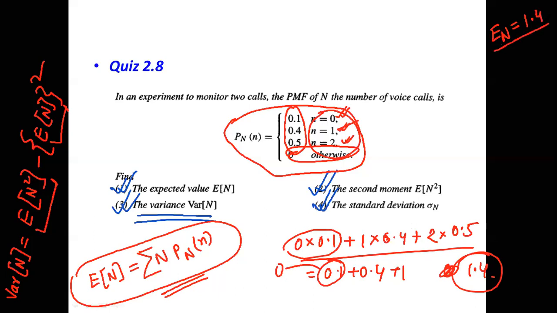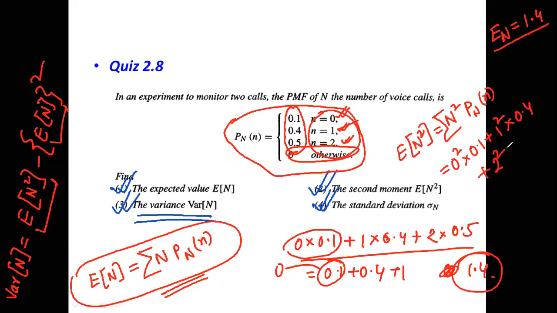All right. Then what is E[n square]? Remember one thing: E[n square] will be the summation of n square times Pn. That will be 0 square into Pn plus 1 square into Pn plus 2 square into Pn.